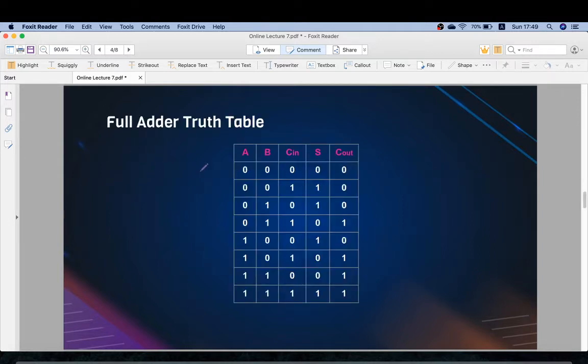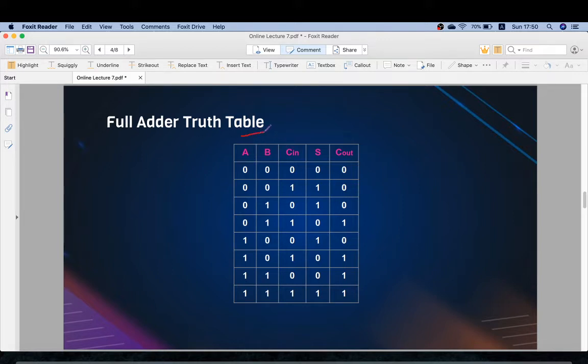So how will we make the truth table for a full adder? First of all, let's start drawing the truth table for a full adder.